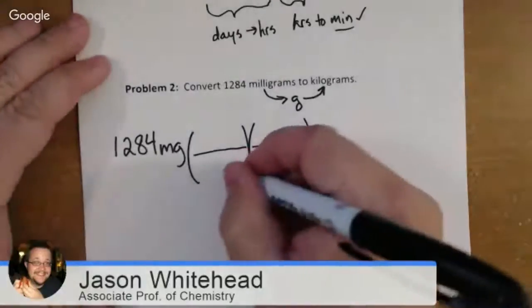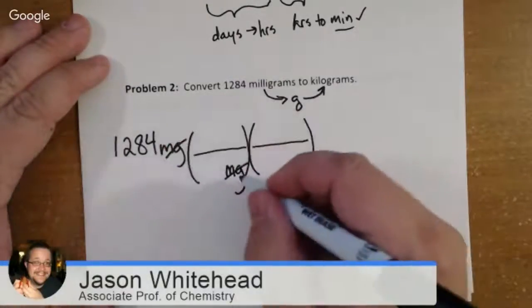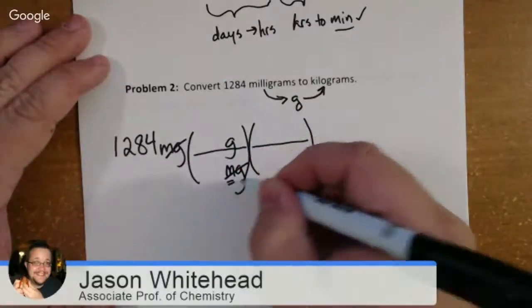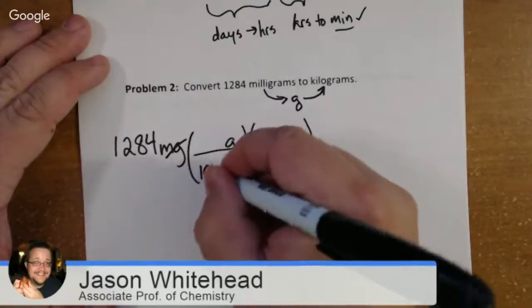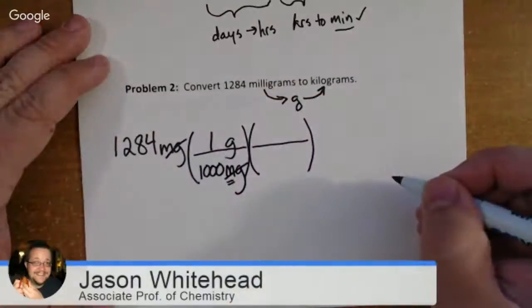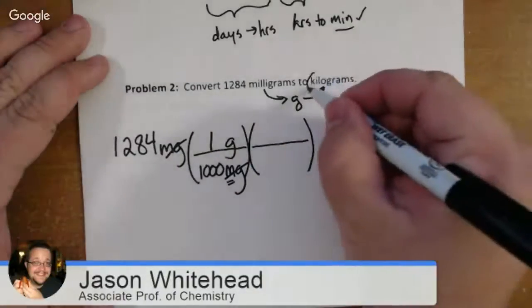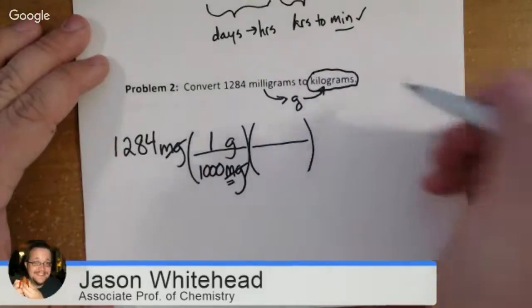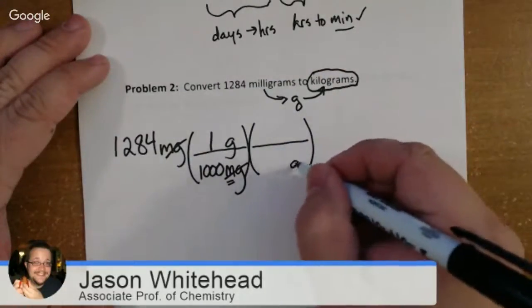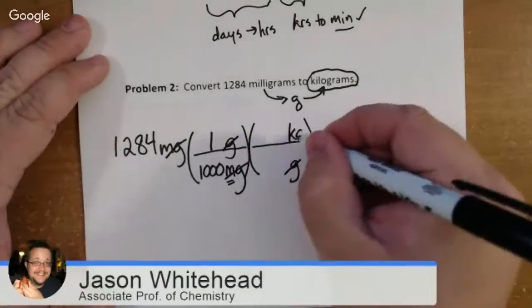We're going to take milligrams on the bottom, and I can relate milligrams to the gram. Milli, just like millennium, 1,000. There's 1,000 milligrams in 1 gram. Now I don't want to end in the gram. The problem wants me to end in kilograms. So then I'm going to put the gram on the bottom over here so it cancels, and kilograms on the top.